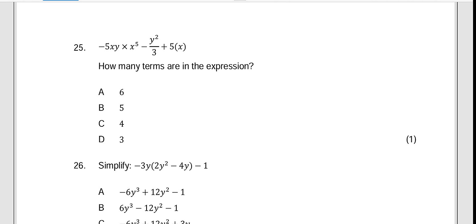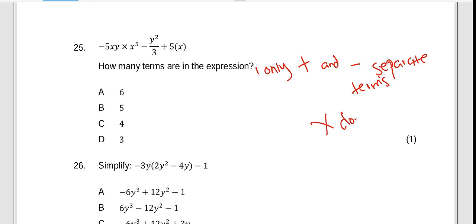Only plus and minus separate terms. Times does not separate. So how many terms do we now have? This is 1, 2, and 3. We have 3. The answer is D.